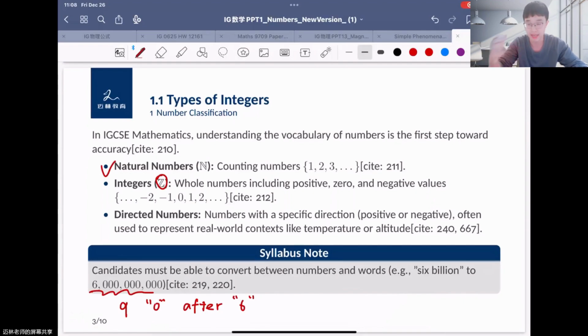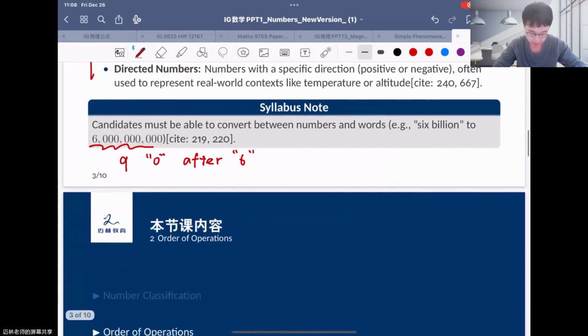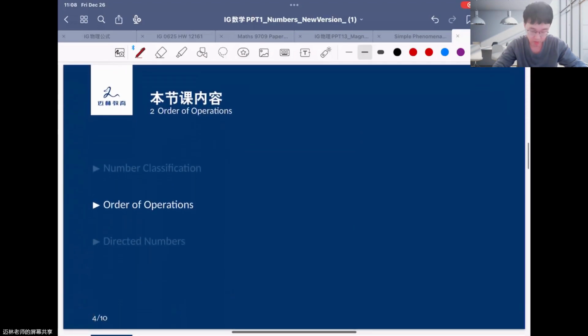In the next lesson, we'll learn how to use the scientific method to write such very big numbers. But first, we have to understand the difference between natural numbers, integers, and directed numbers. They're very important. So the next part is about the order of operations.